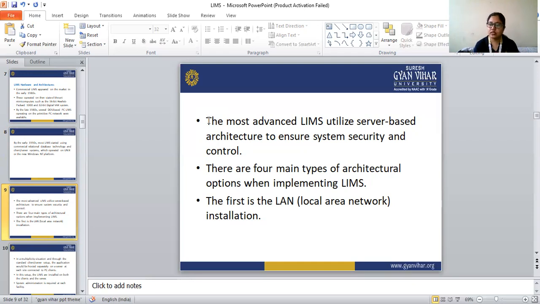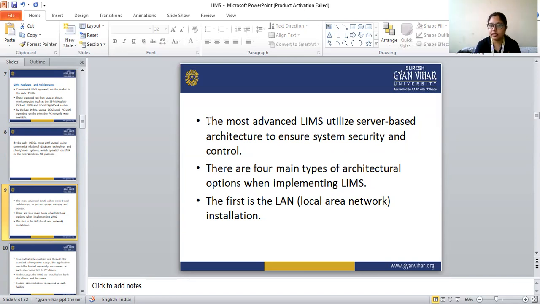In modern LIMS, the architecture is server-based. Why do modern LIMS use this server-based architecture? To ensure system security and system control.